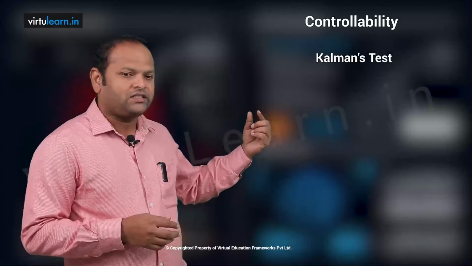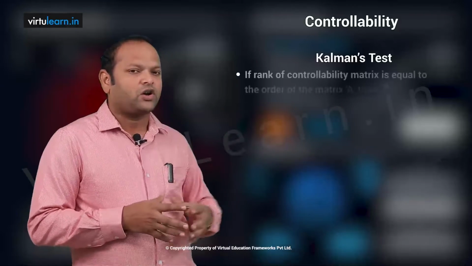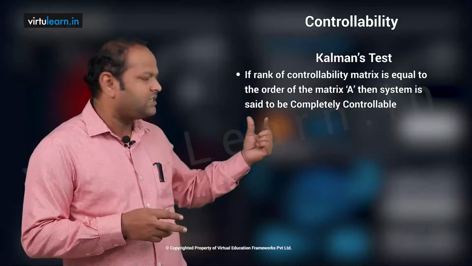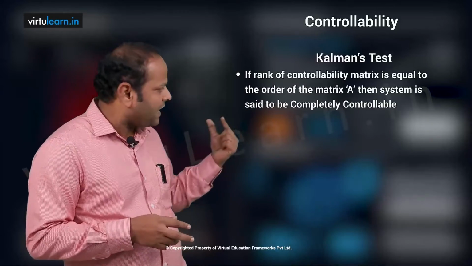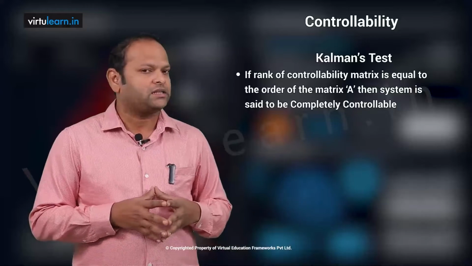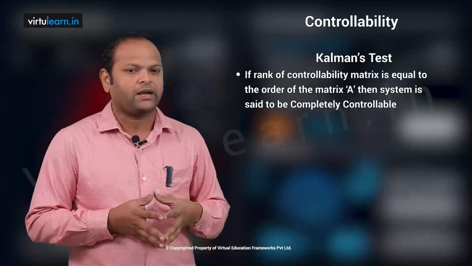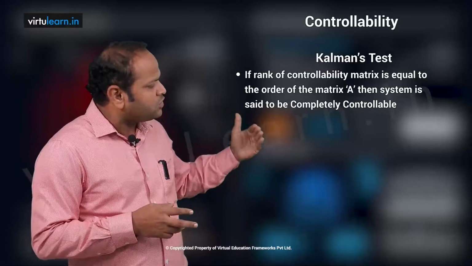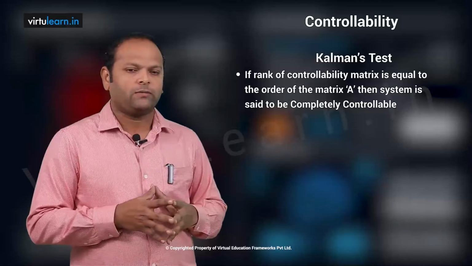What are the test conditions? If the rank of the controllability matrix, we will see later what the controllability matrix is, is equal to the order of the matrix A, the system matrix, then the system is said to be completely controllable.